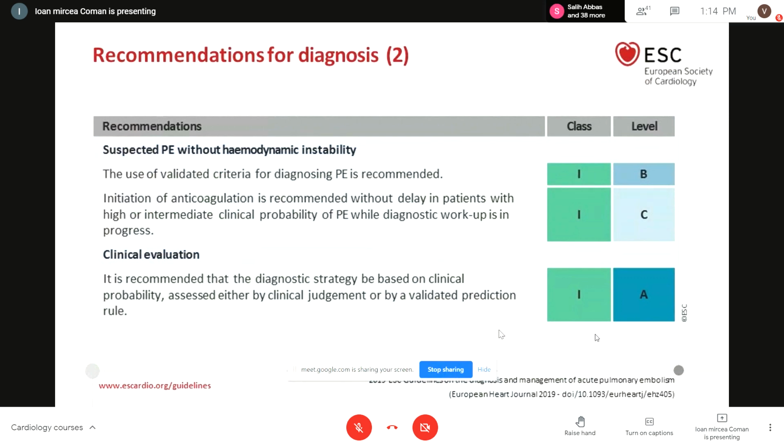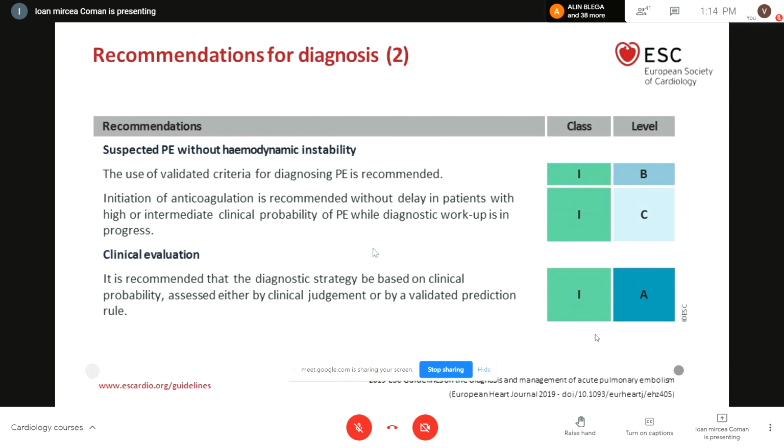Now, before talking about treatment of this patient, diagnosis takes us a couple of minutes or hours in order to make an echo, to make a CT, and so on and so forth.